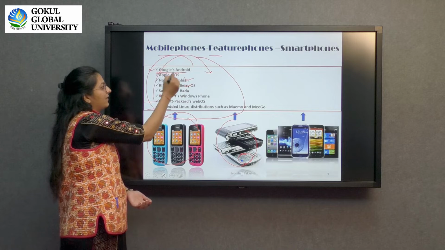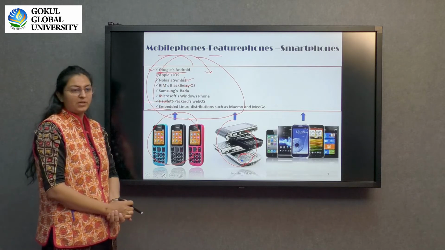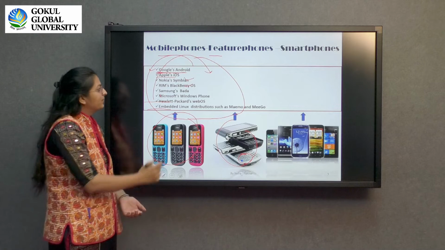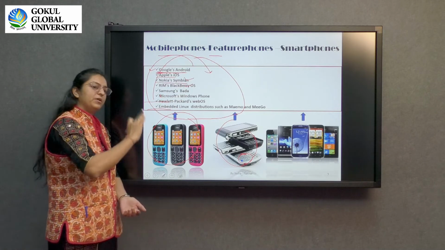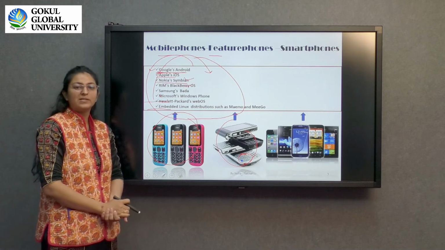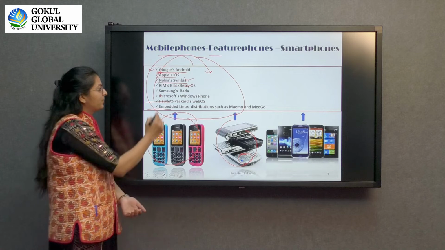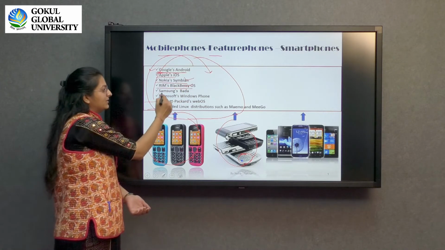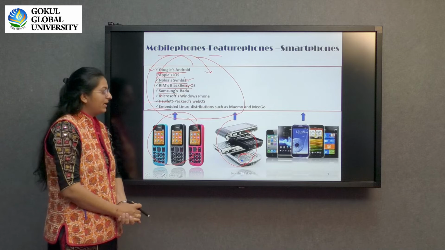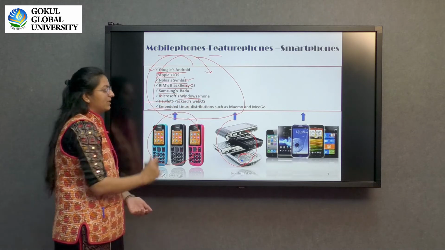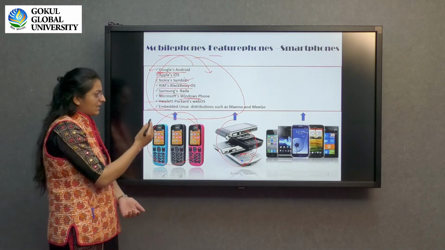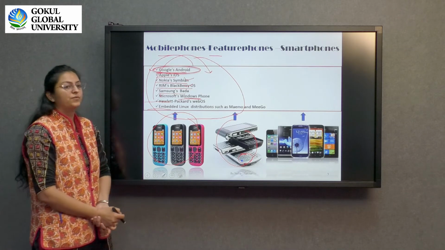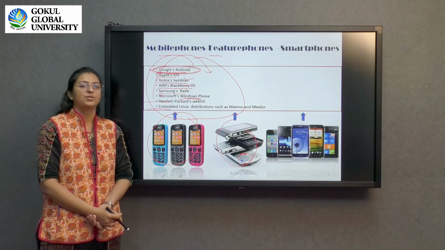We have a well-known operating system, Google Android. Apple phones are using iOS. Nokia, before that, was using the OS known as Symbian OS. Reliance is using the RIM OS. Samsung was using the Bada OS. Microsoft is using the Windows OS, and so many. But today we are going to focus on Google's Android.